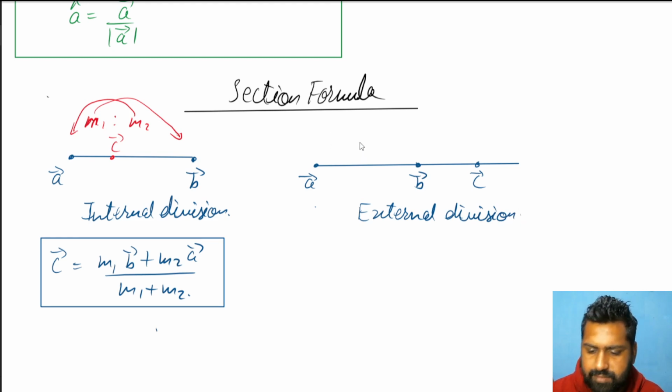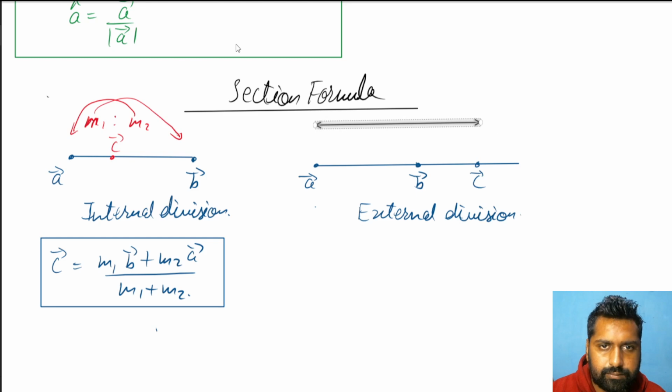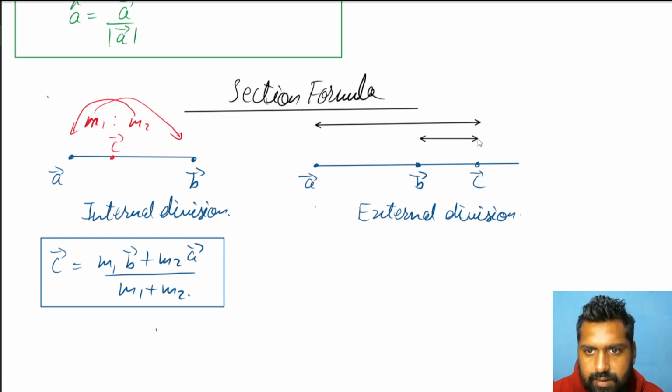So this time, let's say this length ratio is M1 and this length ratio is M2.